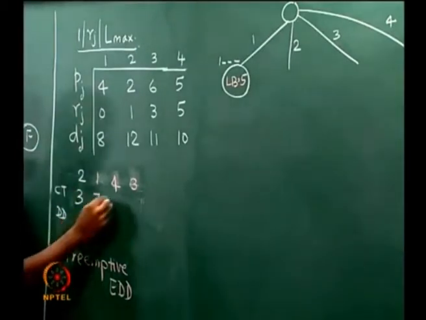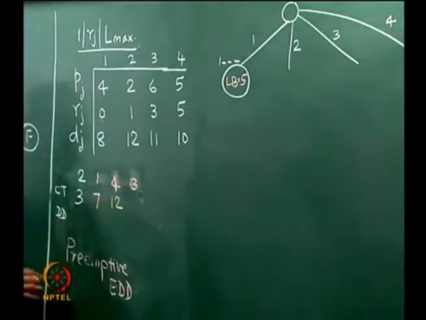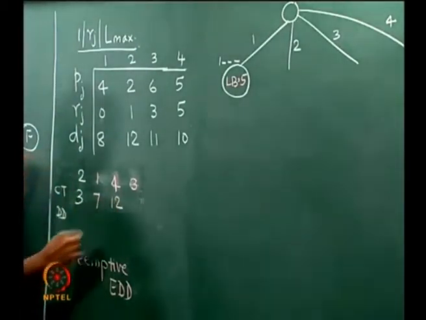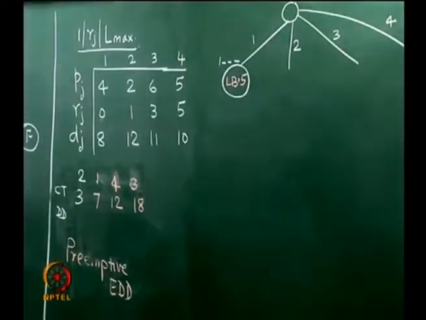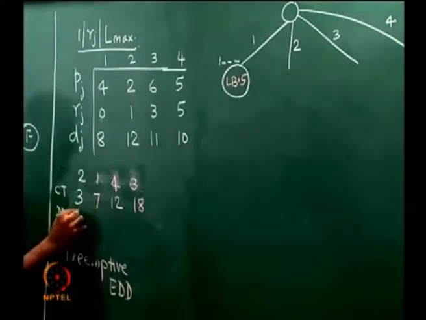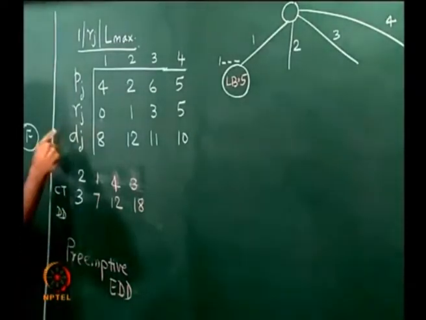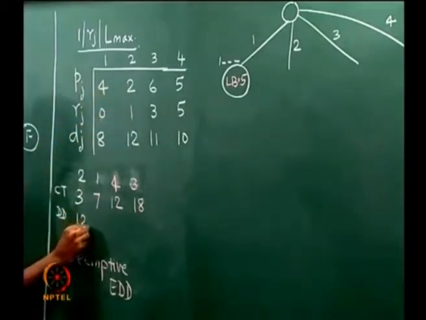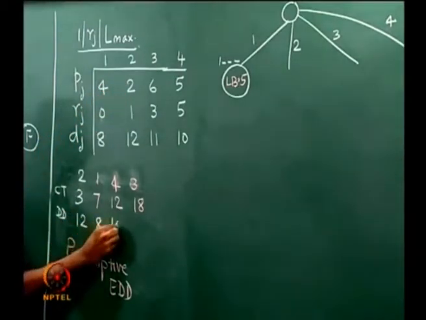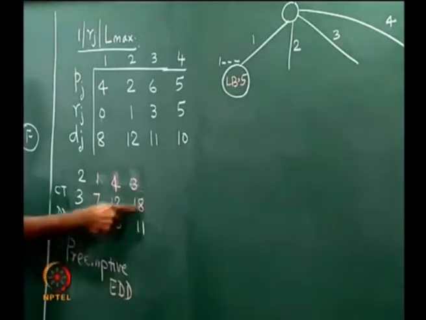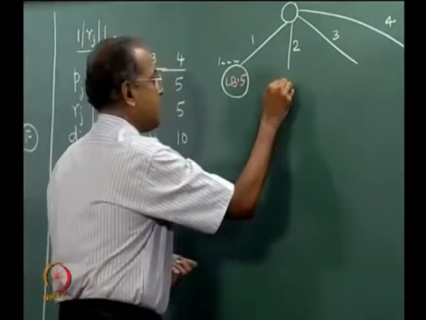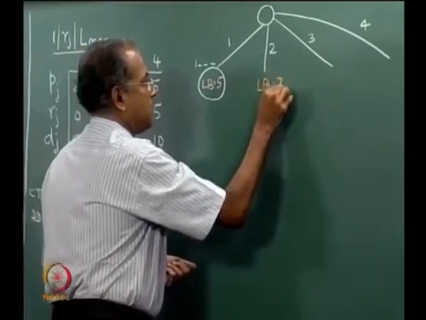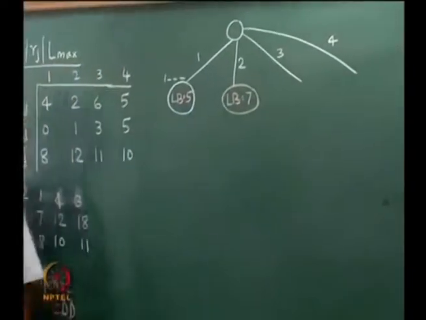At 7 job 4 is available, so this will finish at 12, and at 12 job 3 is available, so this will finish at 18. Now the due dates are 12 for this, 8, 10 and 11. So this is going to contribute to L max. So L max is equal to 7, so the lower bound is equal to 7.